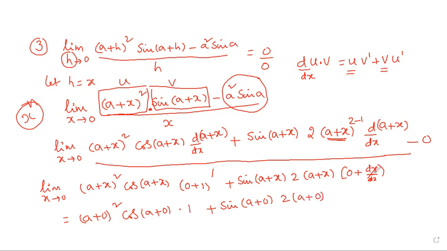Here 0 plus 1 is 1. Now write down: a square cos a plus sine a into 2a. That is the required answer. Is it clear now, everyone? Right. Okay, clear.